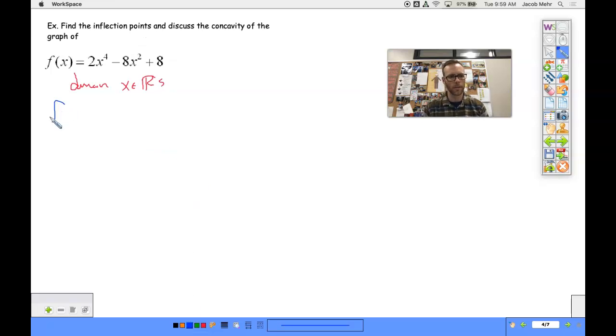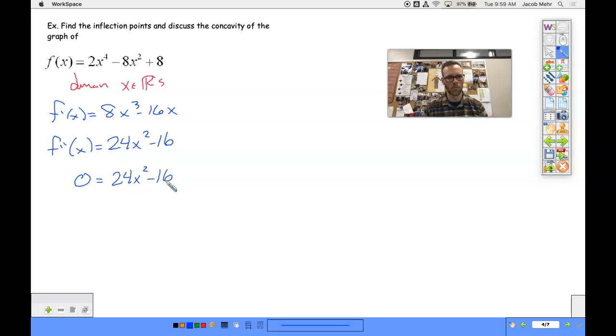Let's take our first derivative. Then let's take our second derivative. Where the second derivative equals 0 is our points of inflection. They're the critical numbers of the first derivative. So I'm going to solve this. Let's add 16.